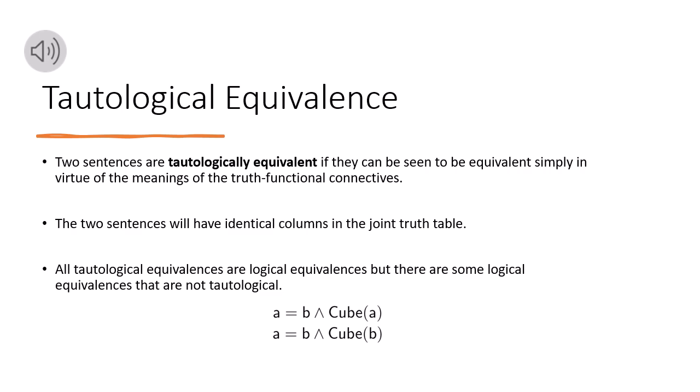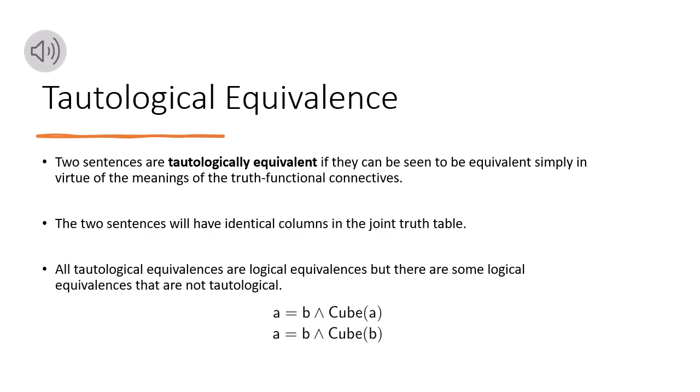Now, by the indiscernibility of identicals, because we know that A equals B is true in both of those sentences, if we assume those sentences are true, then that second conjunct has to have the same truth value as well.